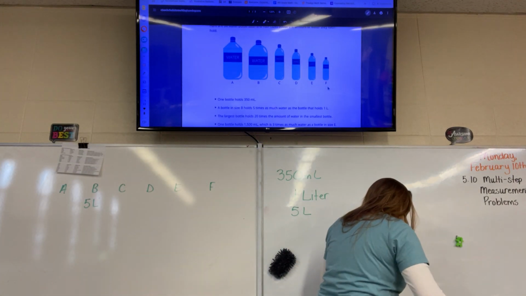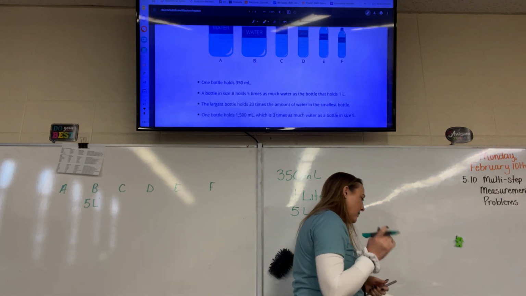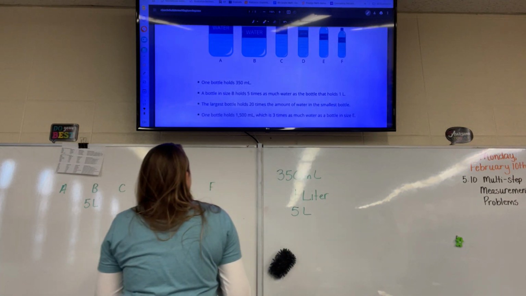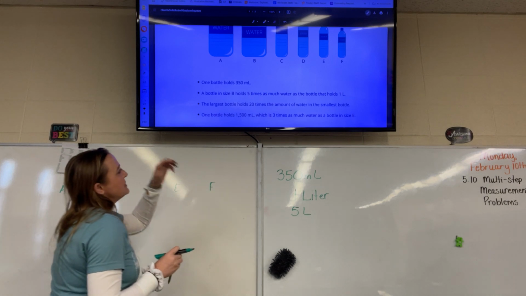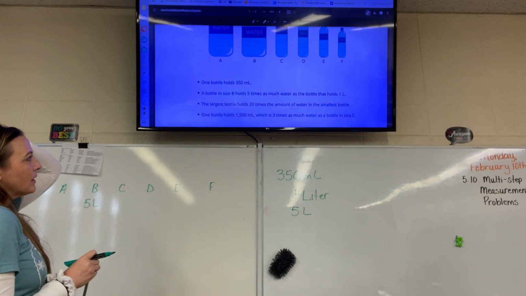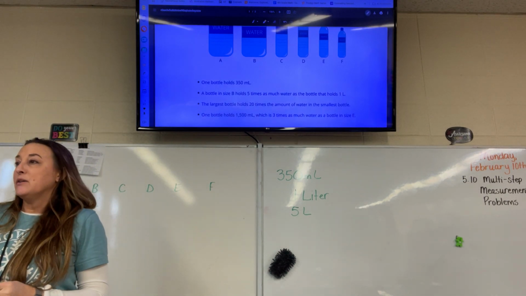Then the next clue says the largest bottle holds 20 times the amount in the smallest bottle. And we can't do anything with that yet.